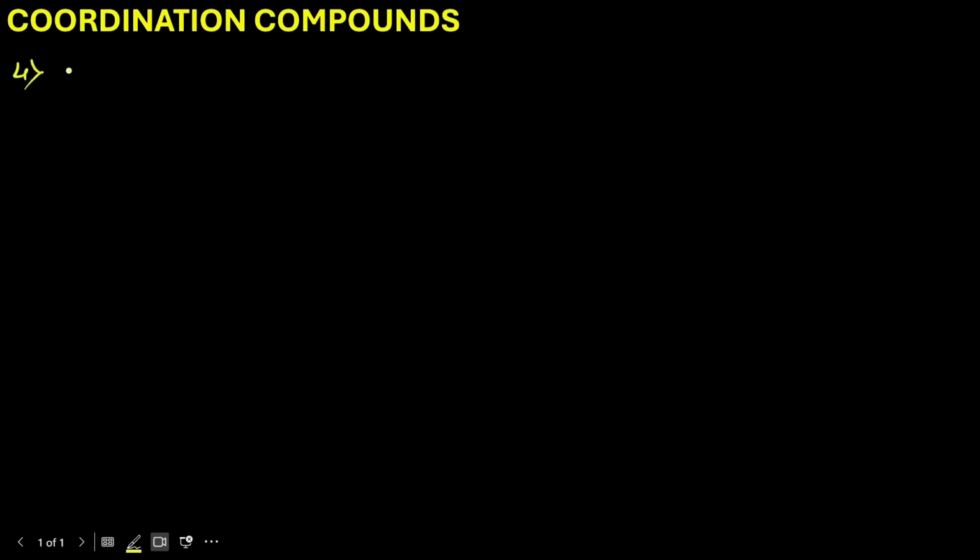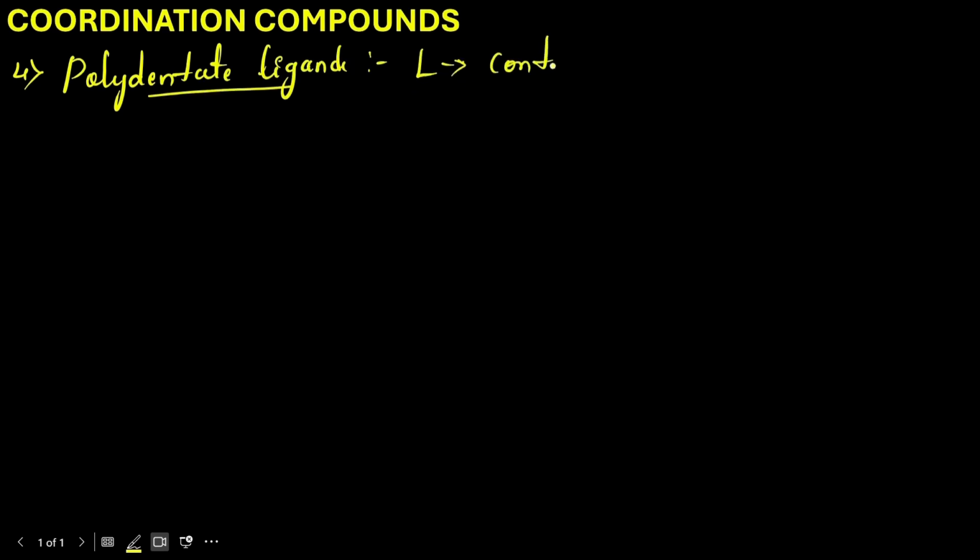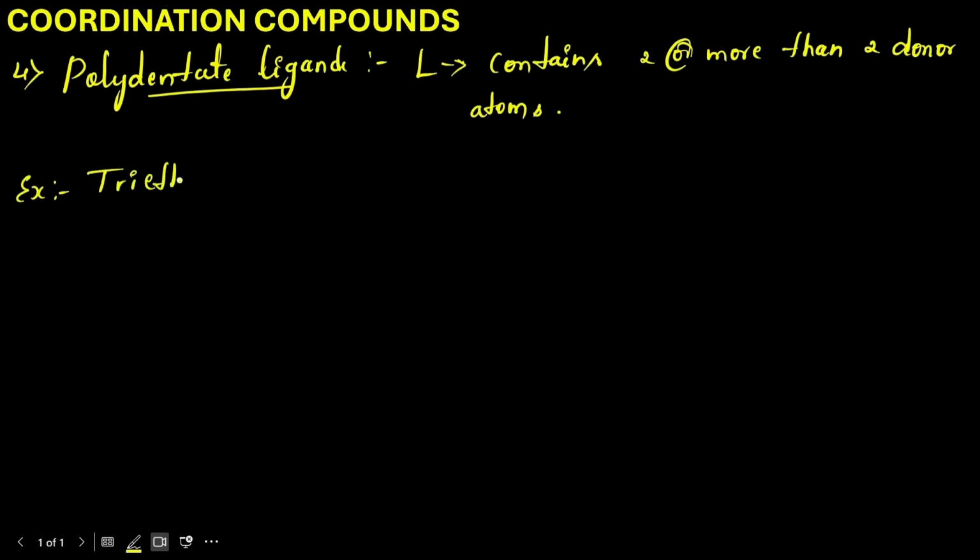Next, we will go for polydentate ligand. These are the ligands which contain two or more than two donor atoms. We will take examples, that is triethylene tetraamine.